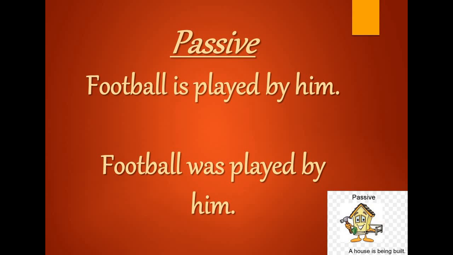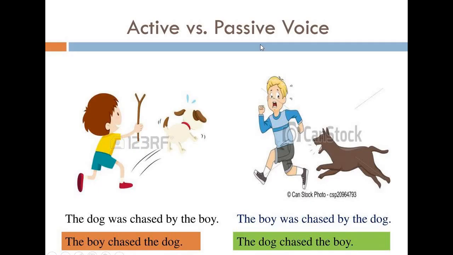Absolutely no. So, he plays football. Football is played by him. He played football. Football was played by him. So what is the passive? I didn't get it. So let's see what the passive voice is.